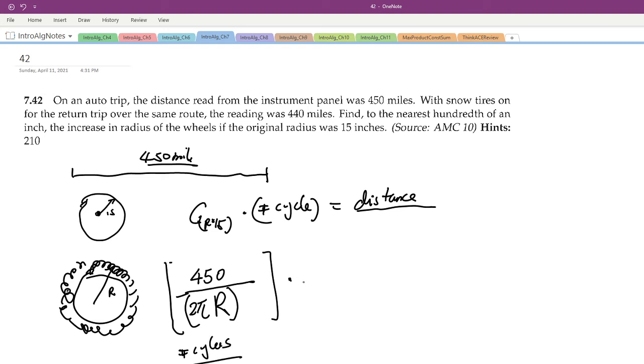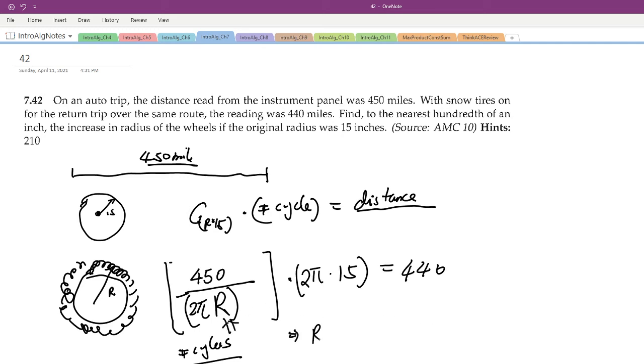And we think inside the odometer they think the circumference is still 2 pi times the 15 inches, right? So this ends up getting us the 440 miles. Okay, now we can calculate the r here.